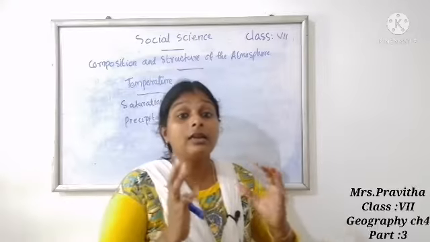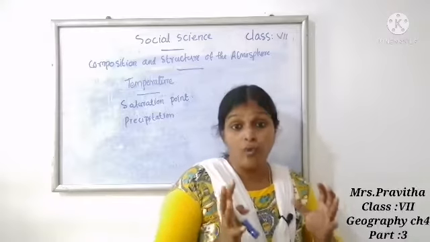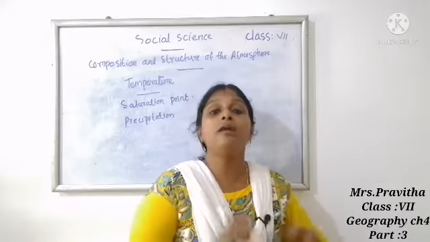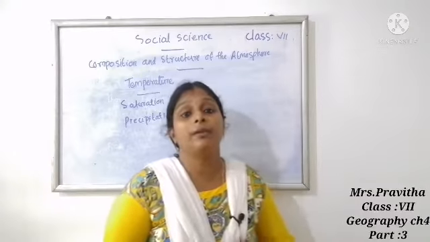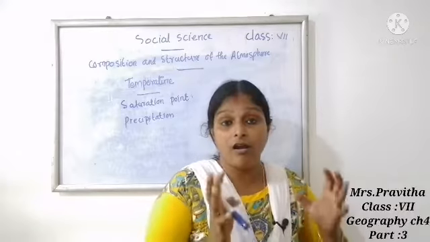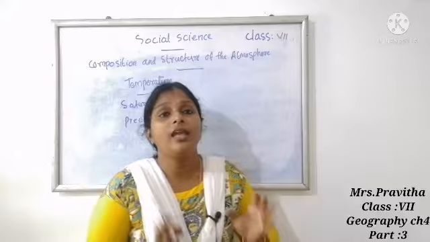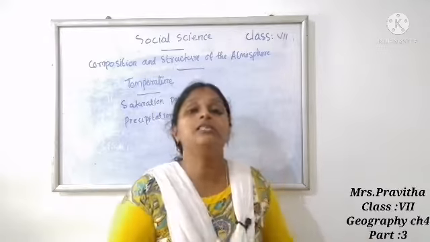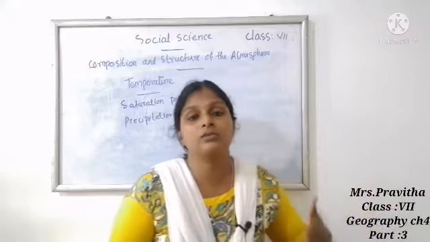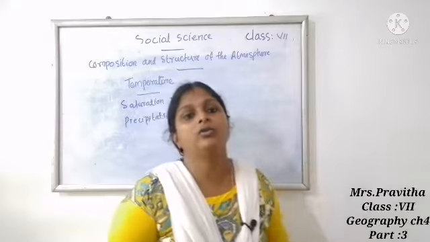Okay, when the cloud condenses, it forms thick clouds which bring rainfall in the form of large drops of water. When the drops are small, it is called drizzle. So when the cloud condenses, what will happen? It will fall on the earth.